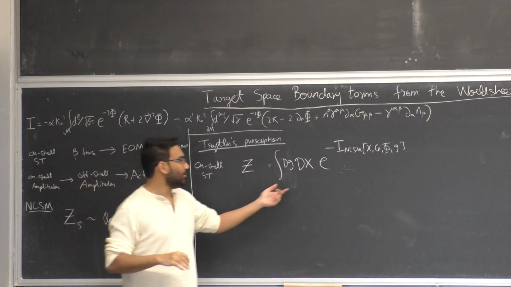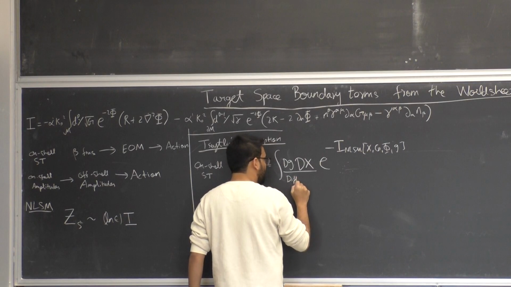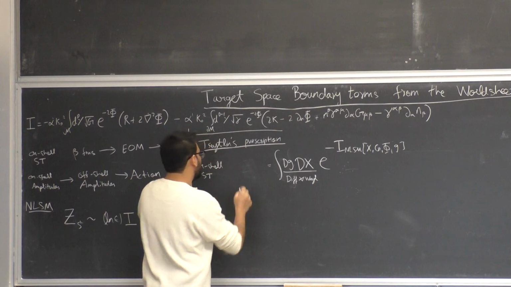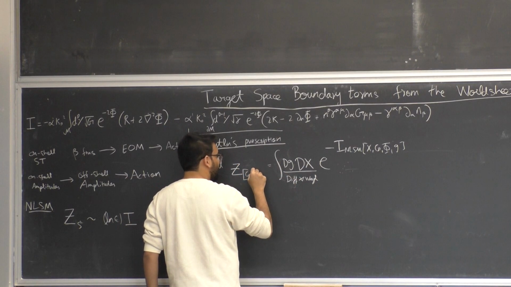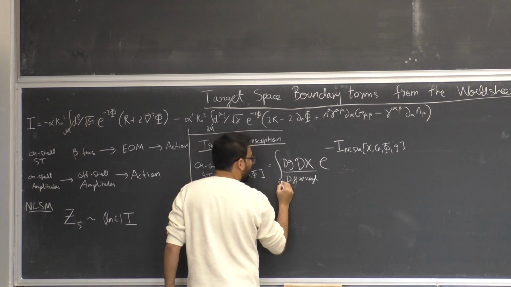And now this has a Weyl cross diff symmetry, so you mod it out by the diff cross Weyl symmetry, and in the end you get a function of only the target space-time quantities. Let's say on a sphere.